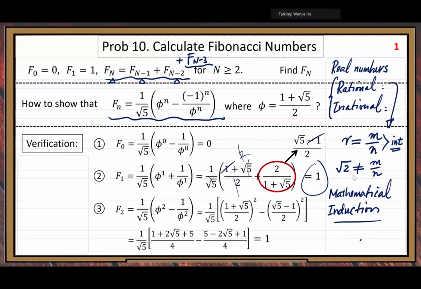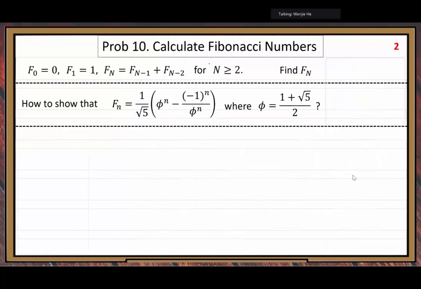The next one, I will apply special properties of the golden ratio, because the next one could be quite complicated. If we do not apply golden ratio properties, then our computation could be relatively hard. So we need to find a different way to do the verification.